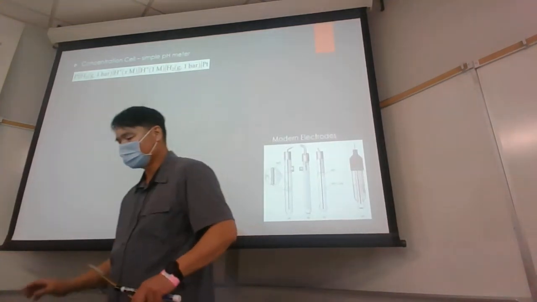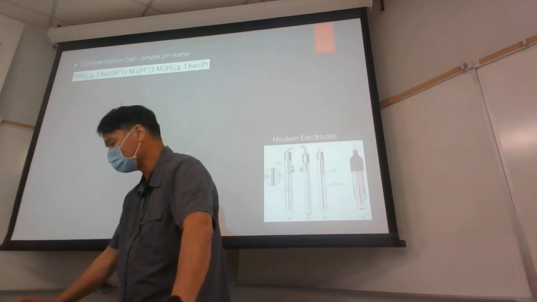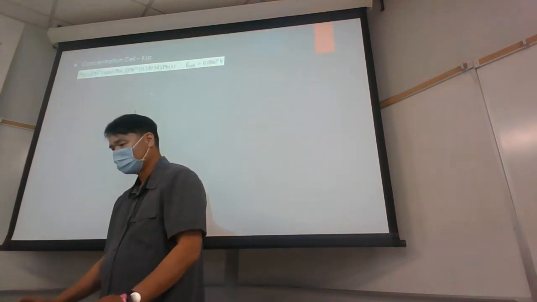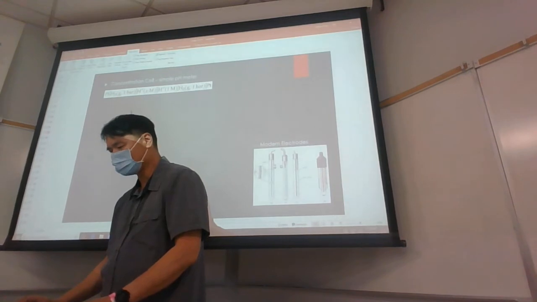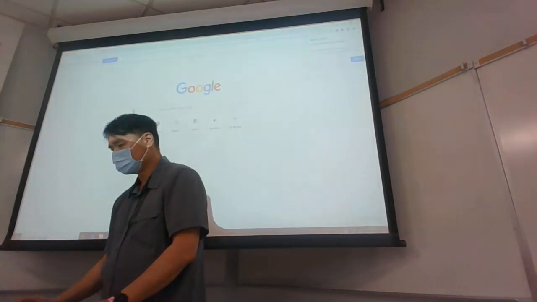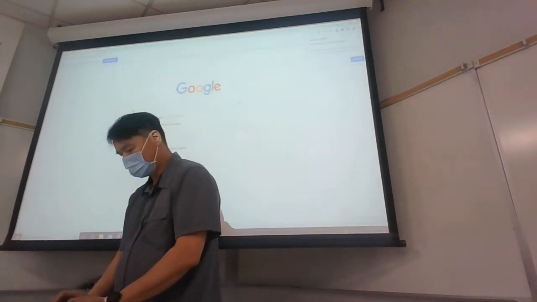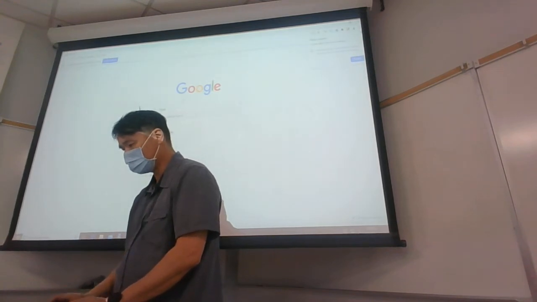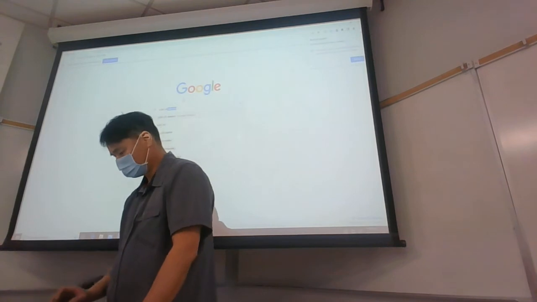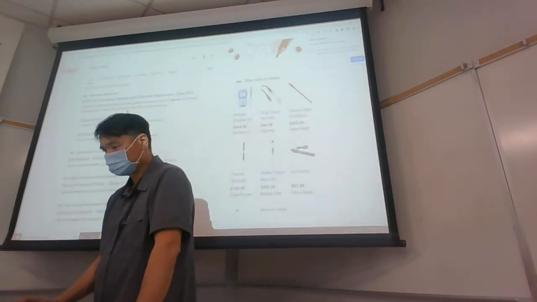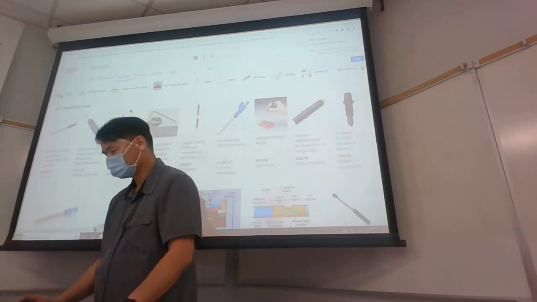There are others that rely on silicon chips that are a lot more robust. And so modern day pH meters would be something like this. Would have an ISFET probe. Should look like this.